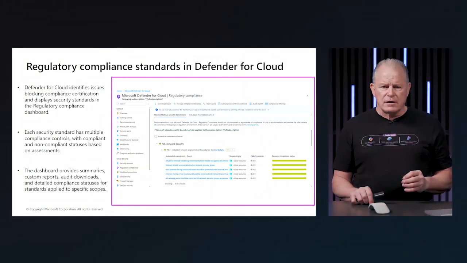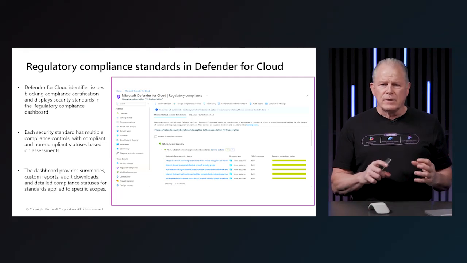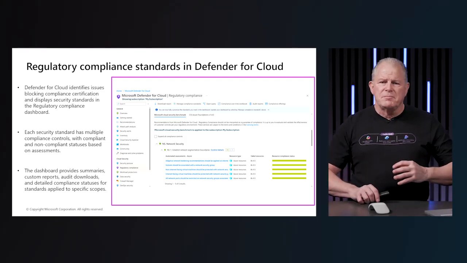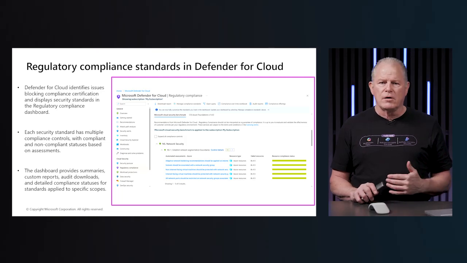Each security standard includes several compliance controls, which are grouped together relating security tips together. Defender for Cloud continually monitors your environment to see if it meets these controls and tells you if your resources are compliant or not.